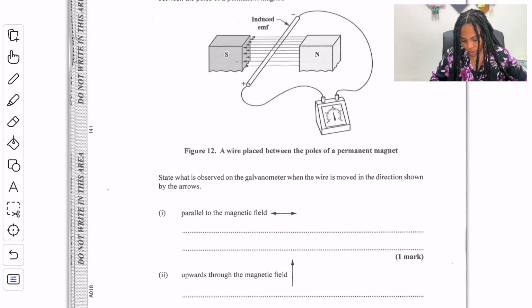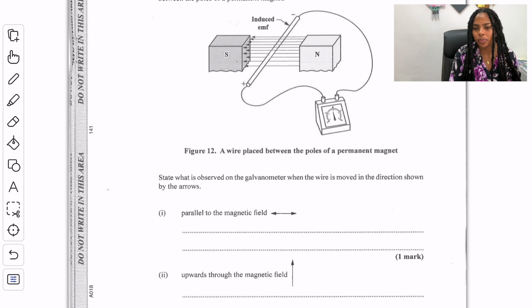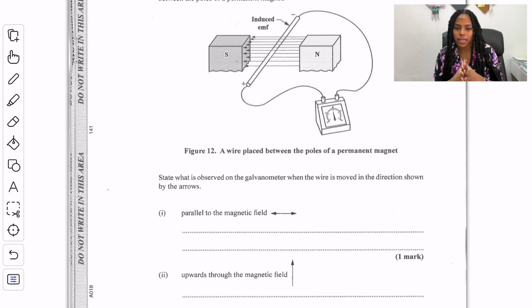Now, figure 12 shows a wire connected to a zero center galvanometer. The wire is placed between the poles of a permanent magnet, and they're saying state what is observed on the galvanometer when the wire is moved in the direction shown by the arrows. So a current is going to be induced, so we're using Fleming's right hand rule.